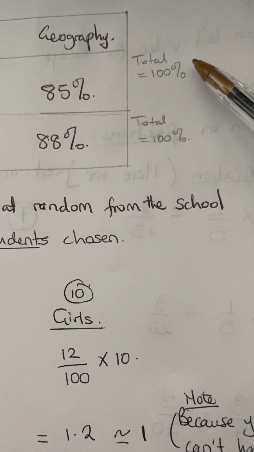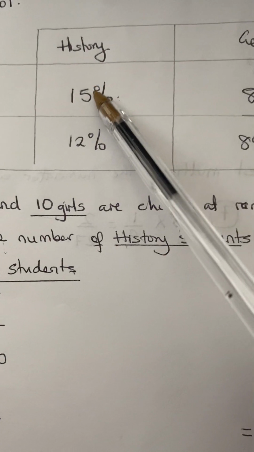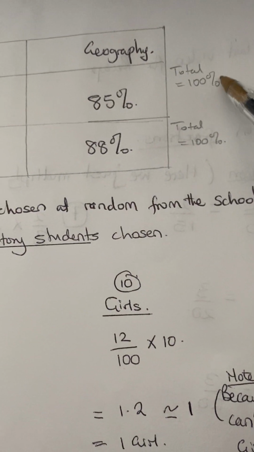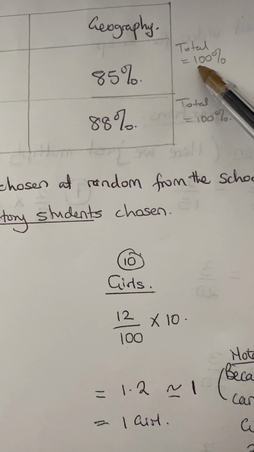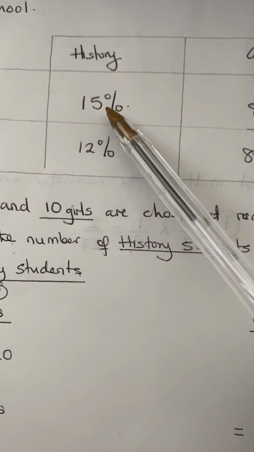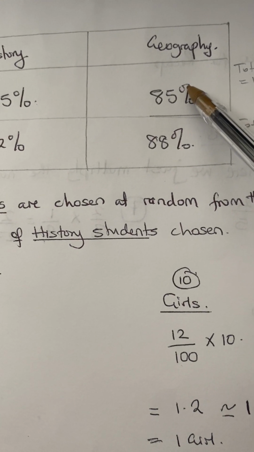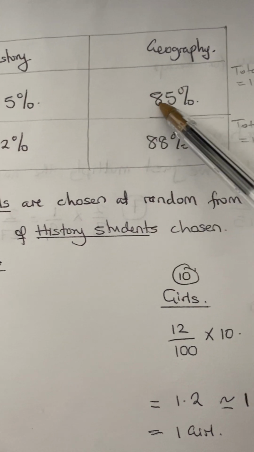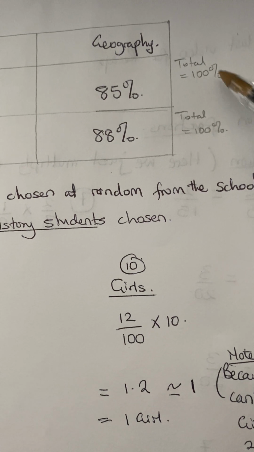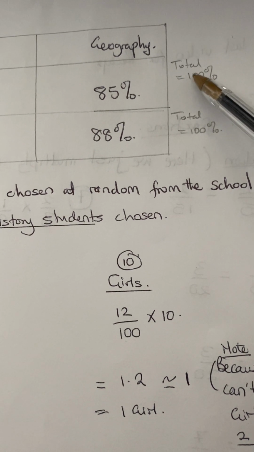Now, this wasn't given to me. I just totaled it to make sure it adds up to 100%. So, history is 15, geography is 85. If you add them, you should get 100. This wasn't given. I did it myself.